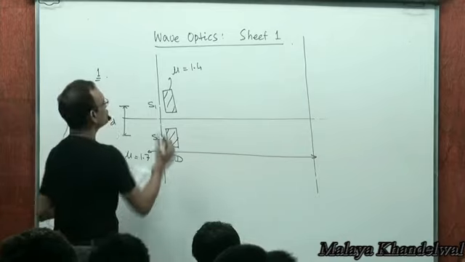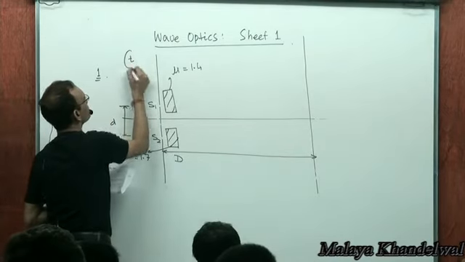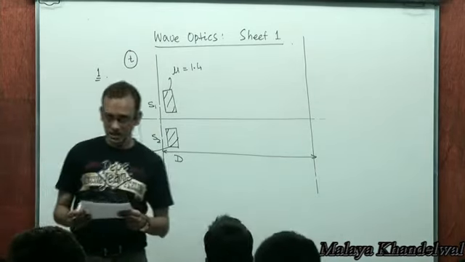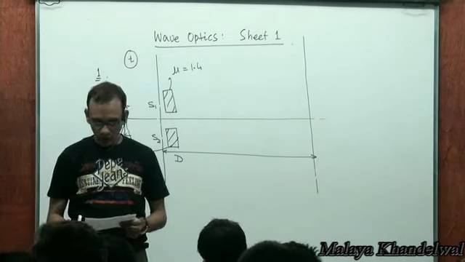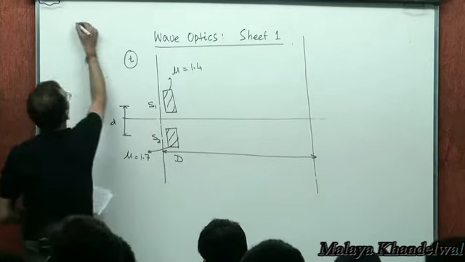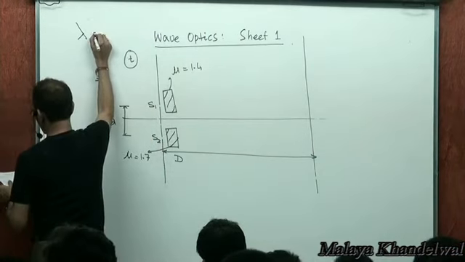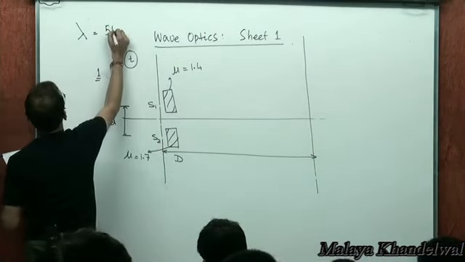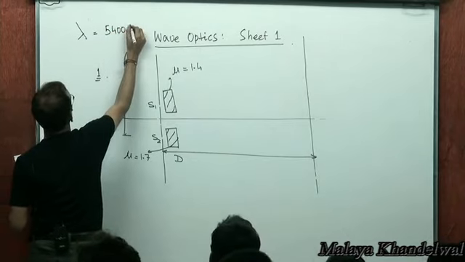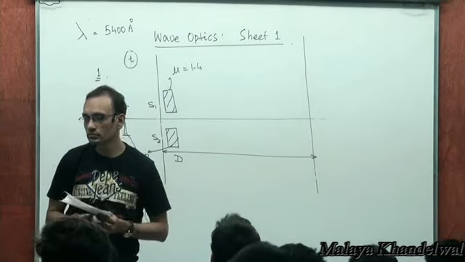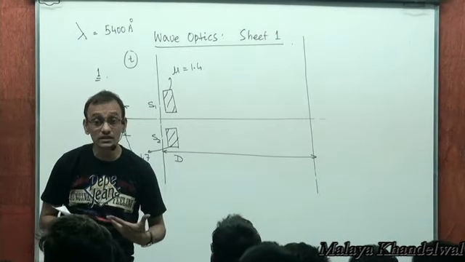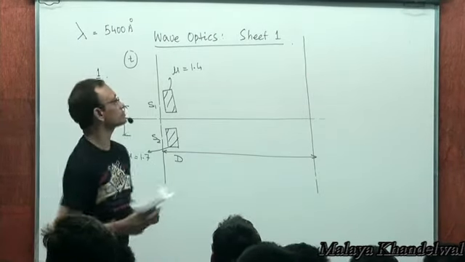Right? And each of the plates is of thickness T, that's given. Now, the wavelength of the interfering wave trains is 5400 angstroms. You know how much is an angstrom? 10 to power minus 10 meters. Right.